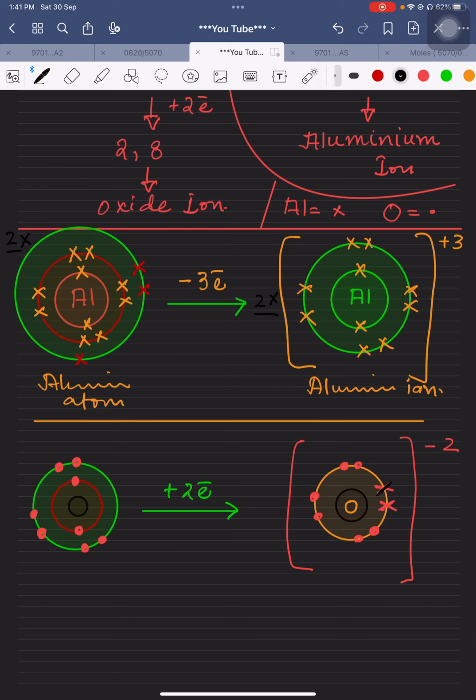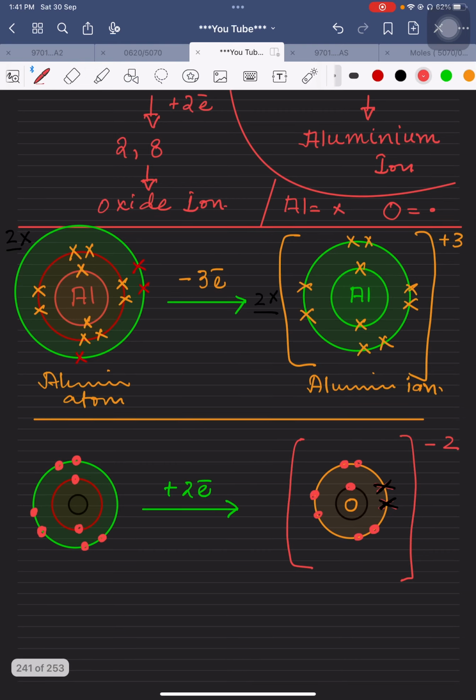I should mention these electrons a little more clearly. These crosses are coming from aluminum to oxygen, whereas I have to draw the inner shell electrons. These are the inner shell electrons. So 2 electrons are gifted from aluminum to each of the oxygen atoms separately. Total 2 aluminum are fulfilling the demand of 3 oxygen atoms to turn them into oxide ions.